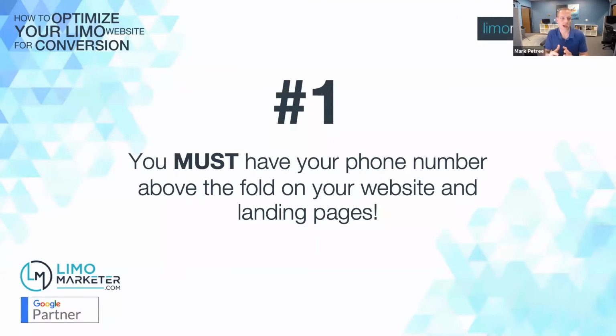So you literally have to memorize the number and then close the browser and dial the number. And there's nothing more frustrating than that. There's nothing that will kill your conversion rate more than that. So you want to make sure that you either have a click to call button, or you have just the phone number that when you click on it, it automatically fills in those digits on your phone.